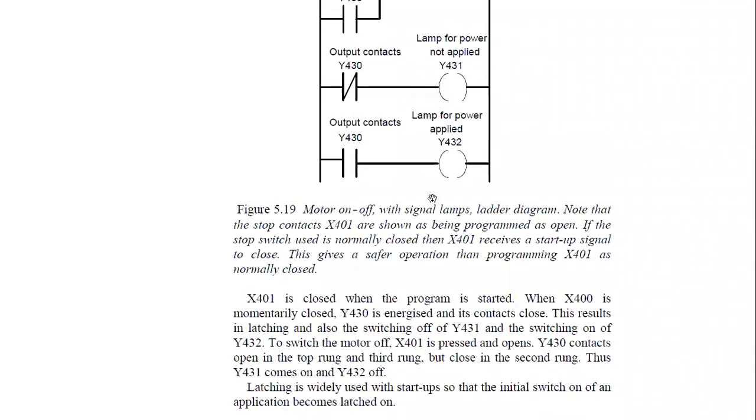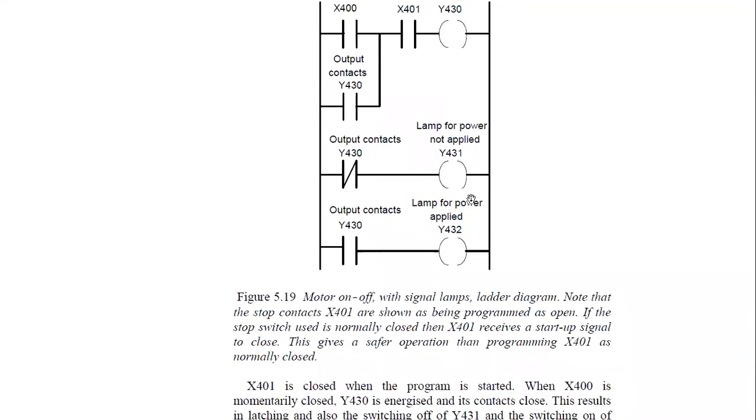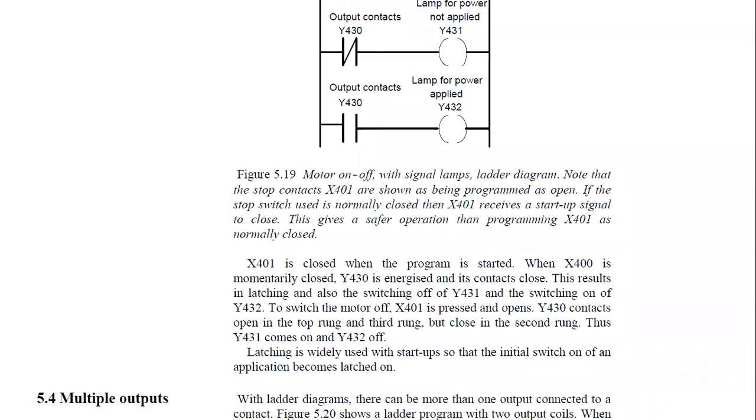It is closed when the program is started, and therefore, when X400 is momentarily closed, the Y430, this is the motor output here, the first output, is energized.